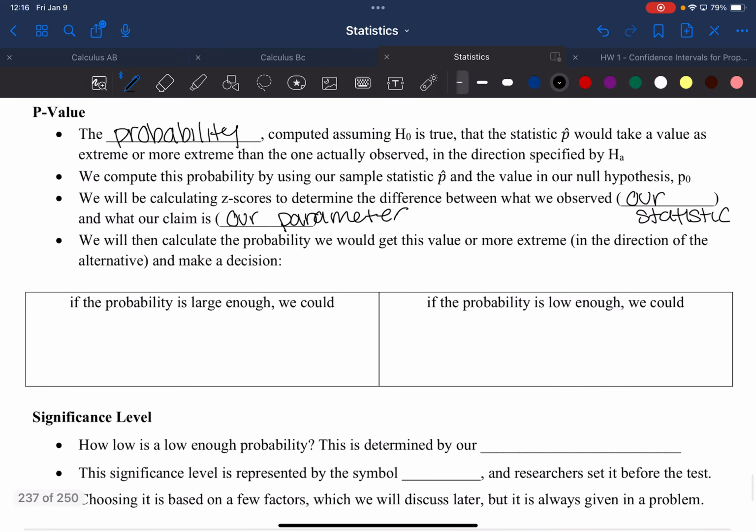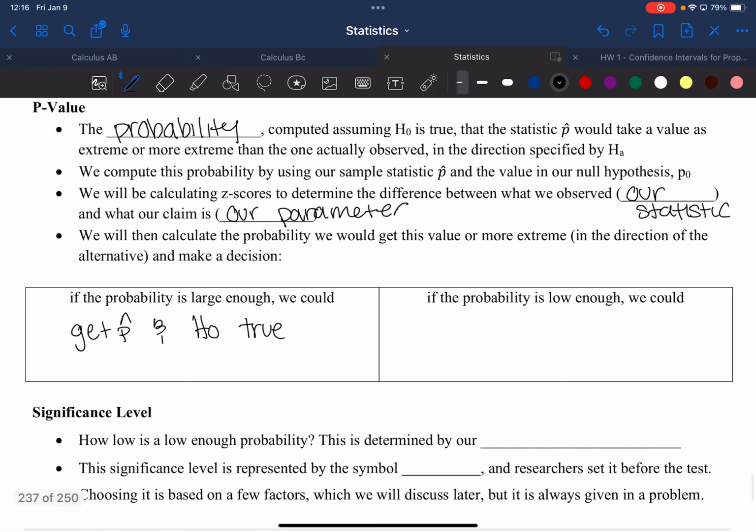Okay, so the two decisions that you can make: the first one says if the probability is large, we could get p hat and H naught could be true. The null hypothesis would be true if the probability is large enough. If the probability is low enough, we would say that getting p hat, if the null is true, is so unlikely that we suspect the null claim is incorrect.